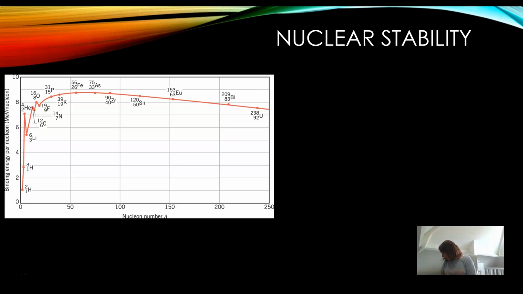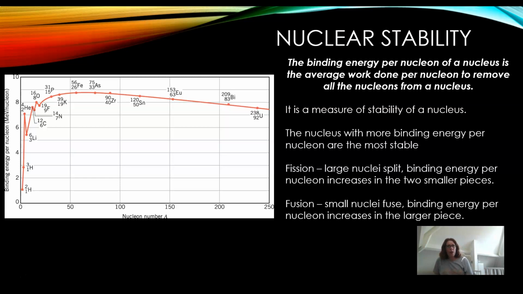I'm just quickly looking in the book to tell me what it is. I can't quite remember. That's 8.7 megaelectron volts per nucleon. And then either side of that, it goes down. So we'll look at the right-hand side first because it's easier. The right-hand side shows the line going down as you get bigger and bigger atoms.